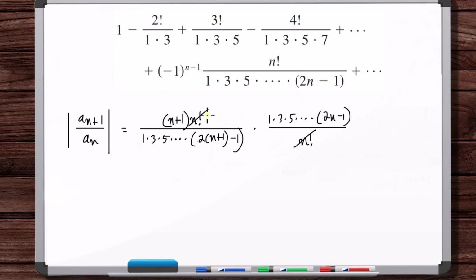Okay. Now, the 2 times n plus 1 minus 1 is 2n plus 1, right?